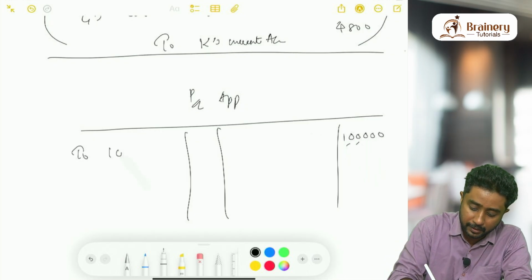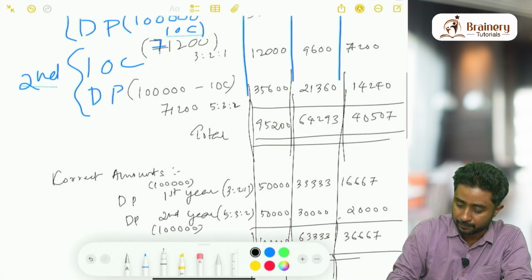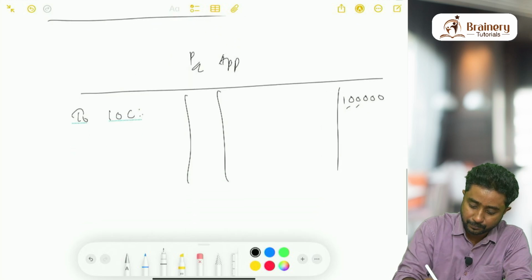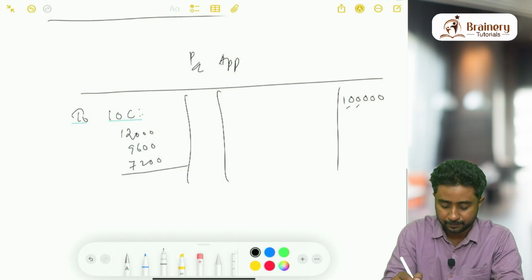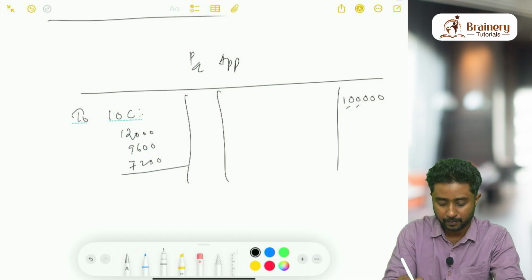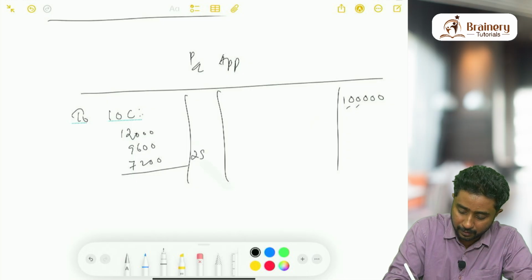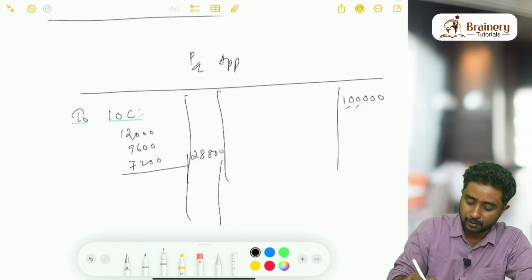So interest on capital for each partner in the first year, 12,000, 9,600, 7,200. 28,800 will be there. Now this is the total of interest on capital.